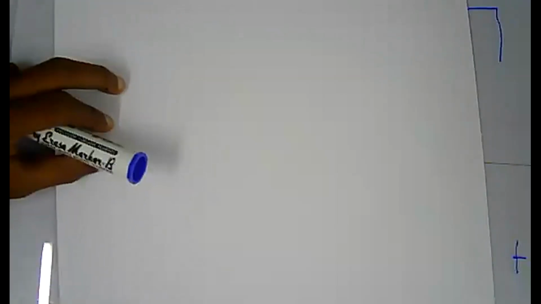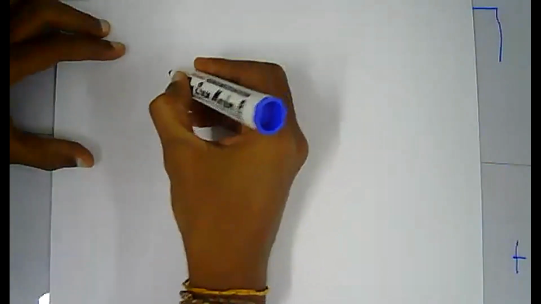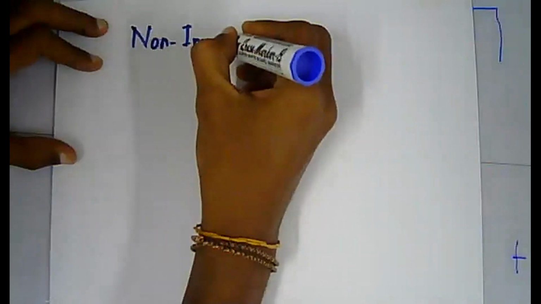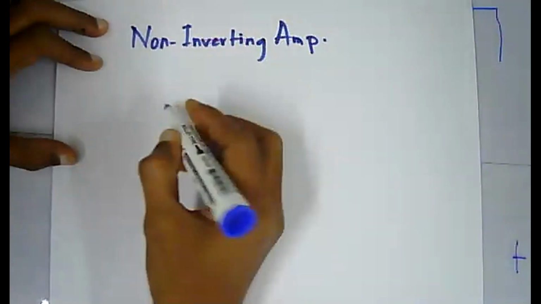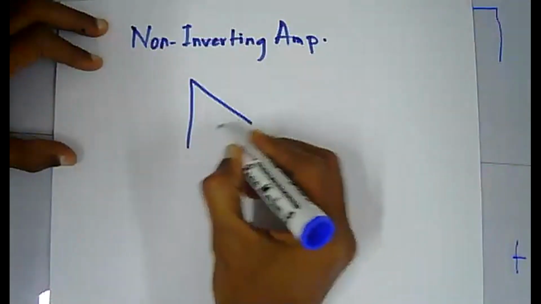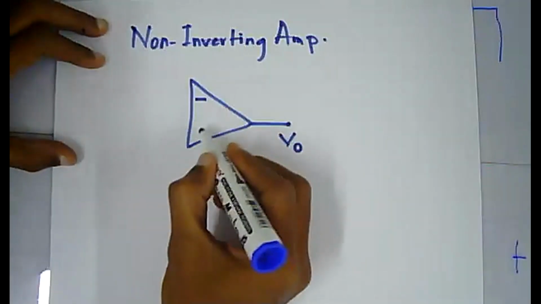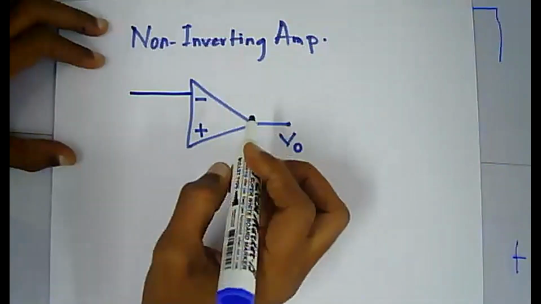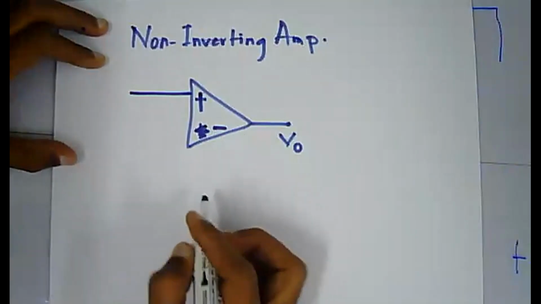Right, so now I'll draw the circuit diagram of the non-inverting amplifier. So we have the amplifier here. This is your V out, the non-inverting terminal, and this is your inverting terminal.